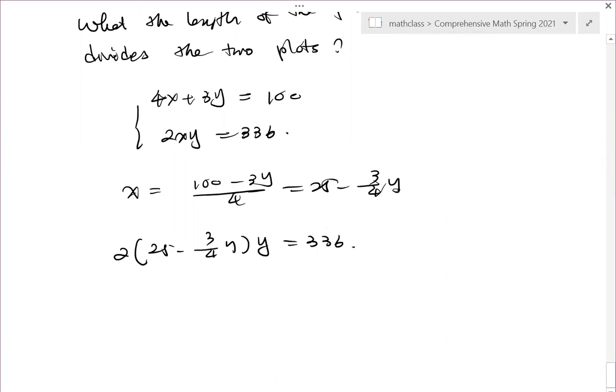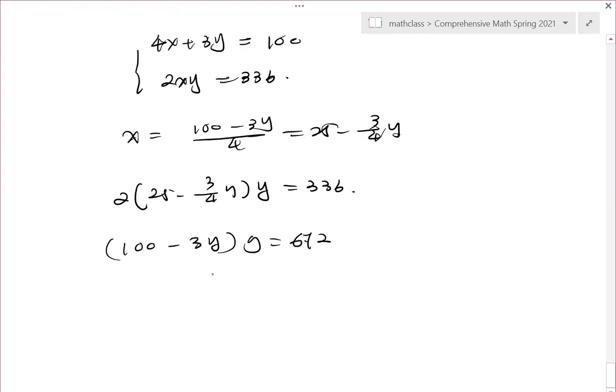So you get a quadratic equation, right? You can divide both sides by 2, or actually, in order to keep integers, you still multiply by 2. So you have 100 minus 3Y, and then you multiply by 2, on the other side is 672.